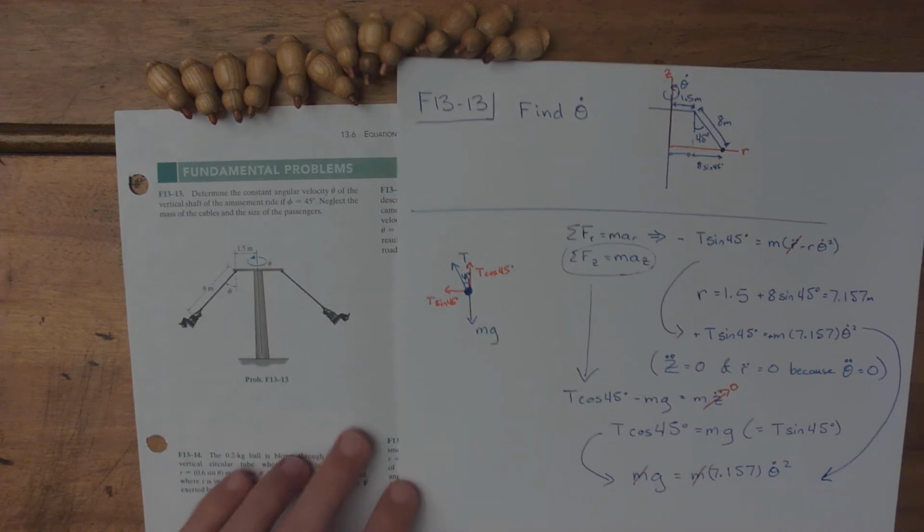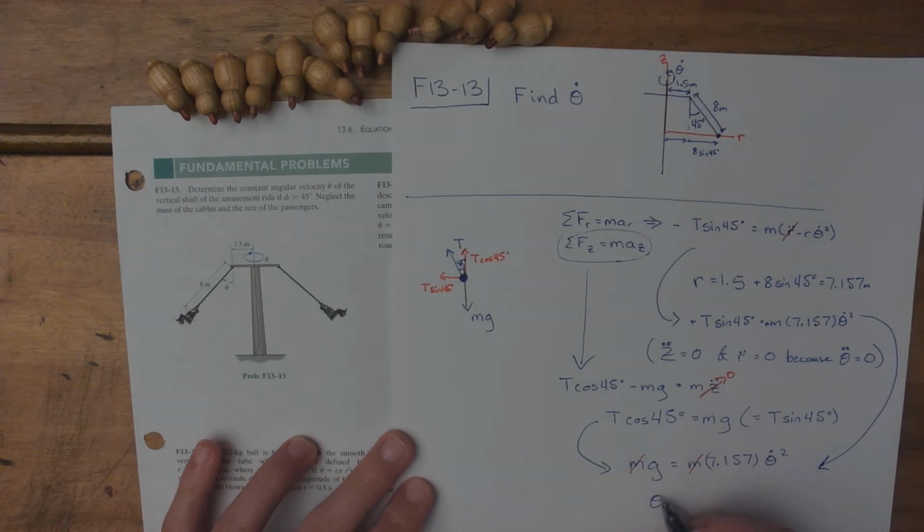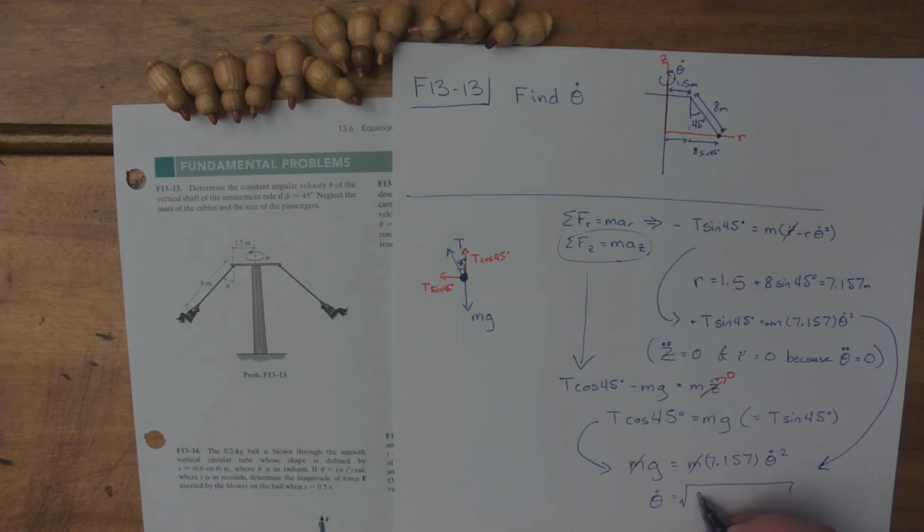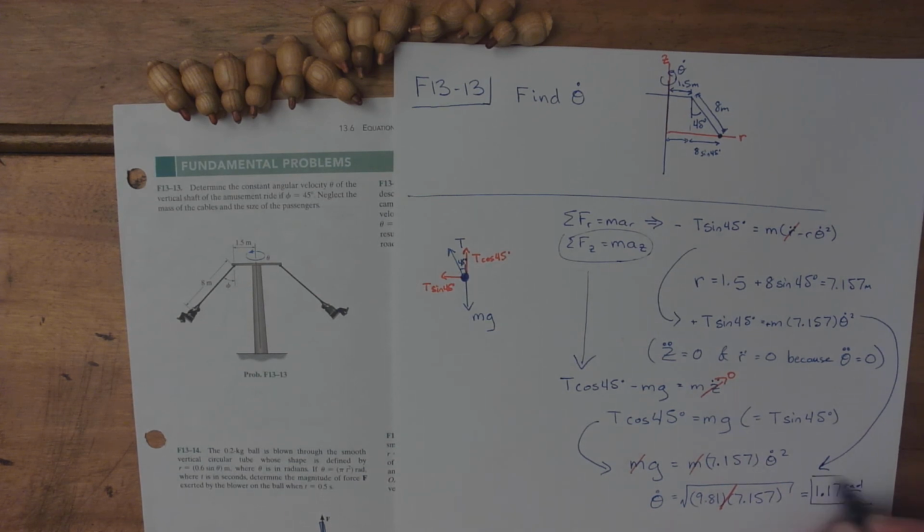And so then to find theta dot, we have theta dot is equal to the square root of g, which is 9.81, divided by 7.157 when I bring it over to the other side. So 9.81 divided by 7.157, and then taking the square root of that gives me theta dot, which is 1.17 radians per second.